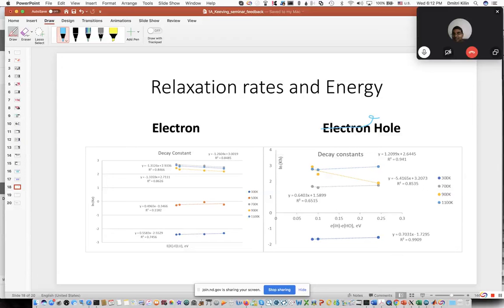All right, and then for the electron hole, you see that the band gap law seems to have almost no applicability. All right, so those are the most important findings for this. Next slide.